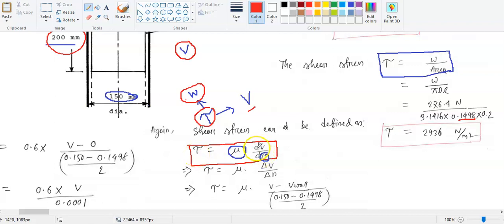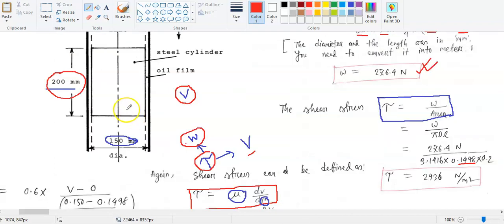I actually want to tell you this dV or dr is the differential value, or you can say it is delta V delta R. When we want to express some difference, a relative change, then we use this notation delta V delta R. Delta V is the variation of the velocity and delta R is the variation of the diameter.